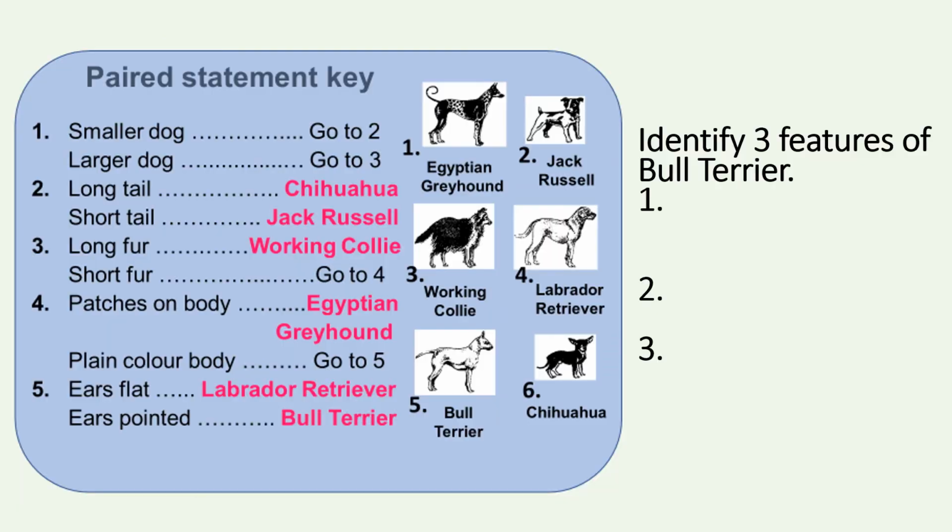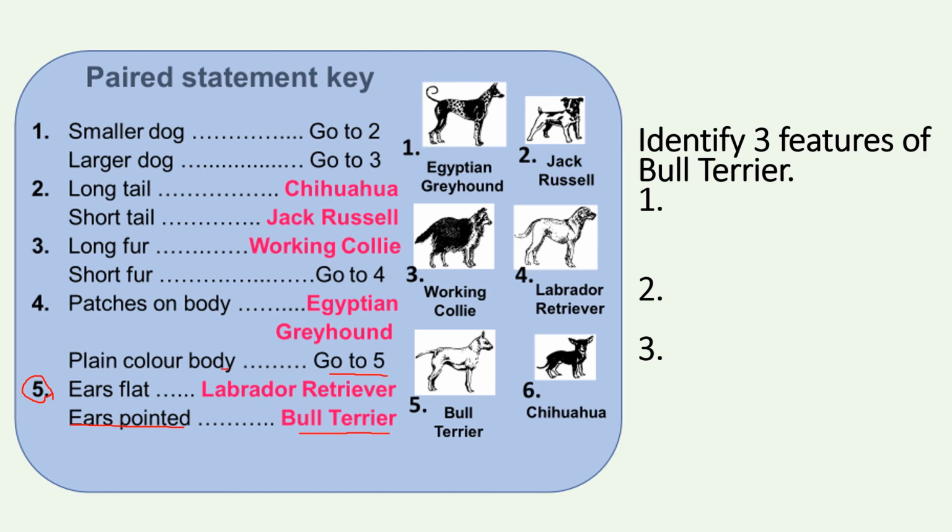So again, here's an identify the features question. So pause the video and try to identify 3 features of a Bull Terrier before I go for the answer. So the answer would be that you have to look at Bull Terrier, and it has pointed ears, and then we would have had to go to 5.